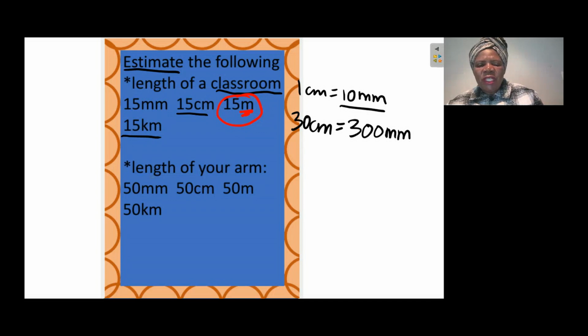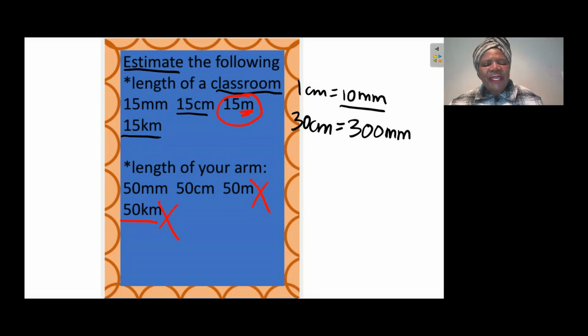Then we go to the length of your arm. If you look at your arm, can you say it is 50 millimeters, 50 centimeters, 50 meters, 50 kilometers? Already we can see that 50 kilometers is out and 50 meters is out. It cannot be a meter.